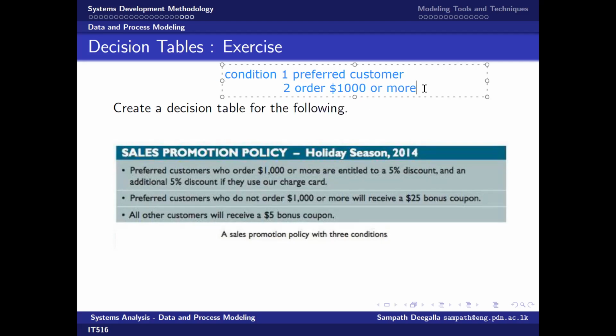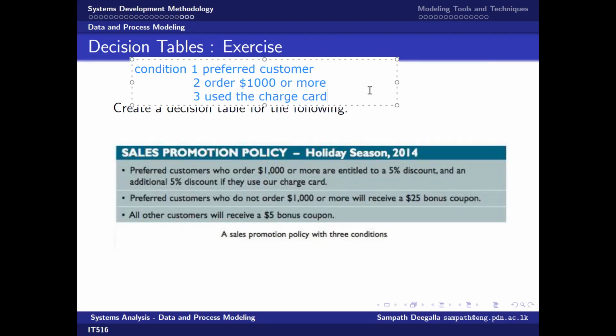And then the third one, whether they have used the charge card. So how many combinations are we getting here now? 8.